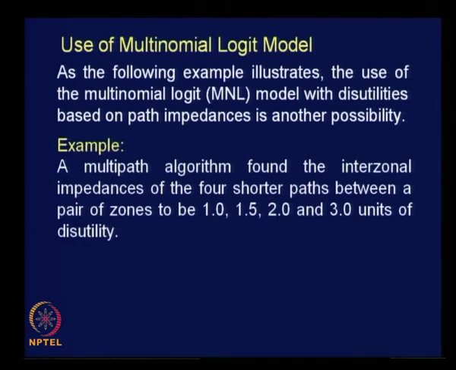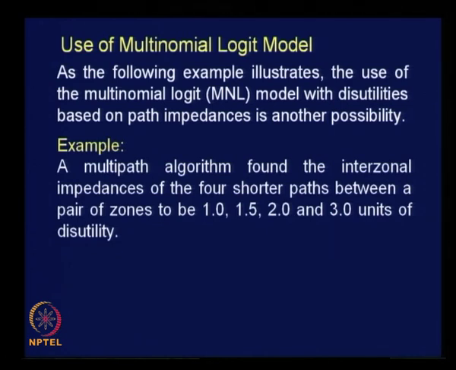Between a pair of zones, the impedances are 1, 1.5, 2 and 3 units of disutility. Okay. Just units, it is not travel time. The bundle together is given some number as 1, 1.5, 2 and 3 units of disutility. Clear?